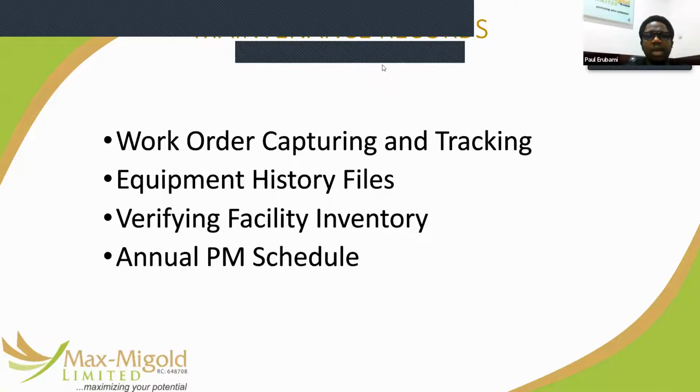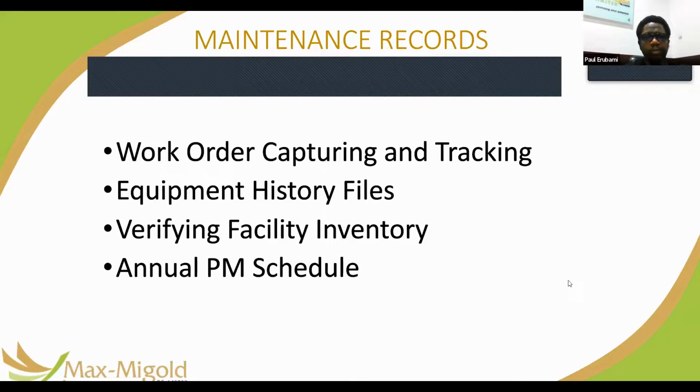All right, so the key tool for maintenance records is called the work order. The work order is a document that identifies what work should be done. That work would have come from the preventive maintenance plan. That work would have come from a fault call by a user.